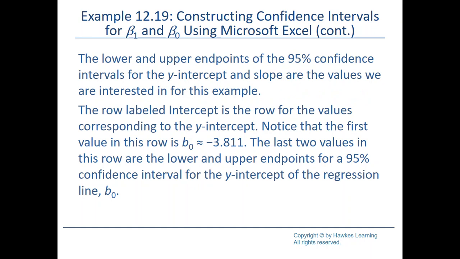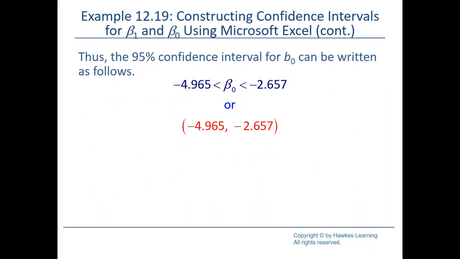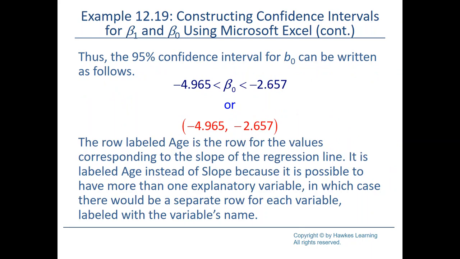And again, as you can see with those row labels, the intercepts, basically you've got pretty much everything you need there. So for the y-intercept, it was between negative 4.965 and negative 2.657. And again, we had those there.